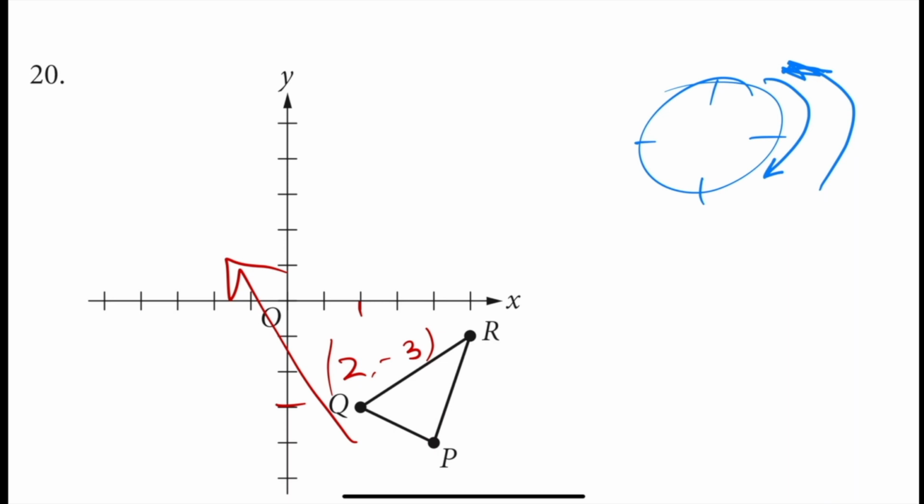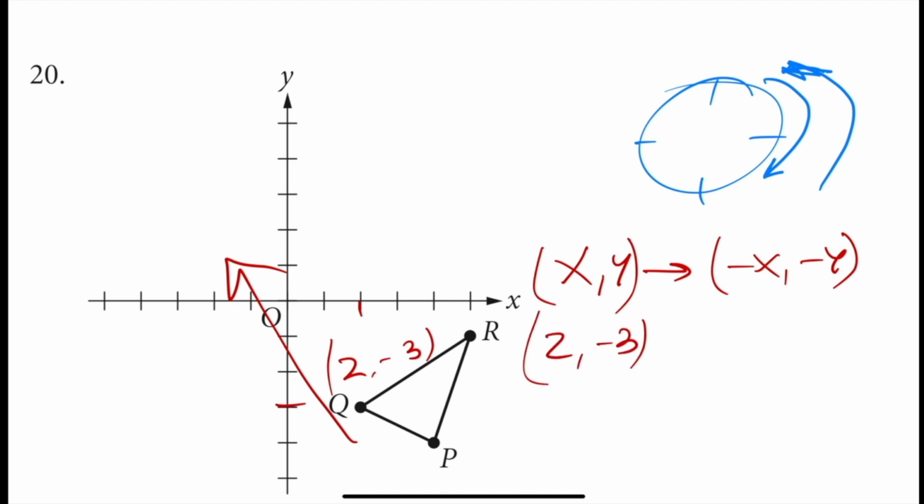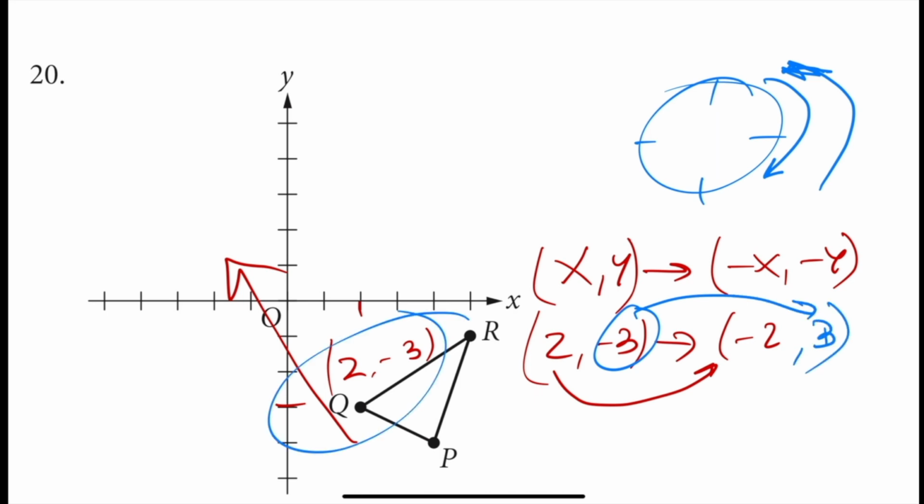The x value that is positive here will be negative, and the y value that is negative here will be positive. So when I have that rotation, both signs change. (x, y) changes to (-x, -y). This is basically changing both signs. So the 2 changes into a negative 2 and the negative 3 changes into positive 3. That will be the coordinates of my vertex Q: negative 2, 3.